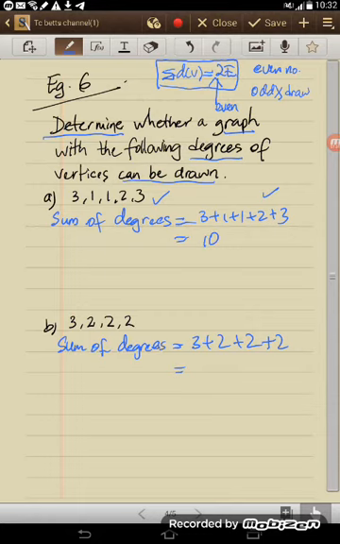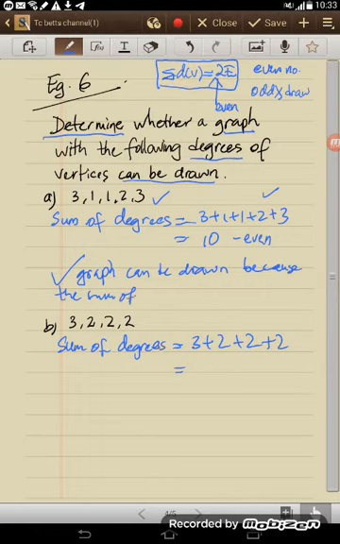Yeah, so 10 is even. That means the graph can be drawn. Yeah, because what? The sum of degrees is even.